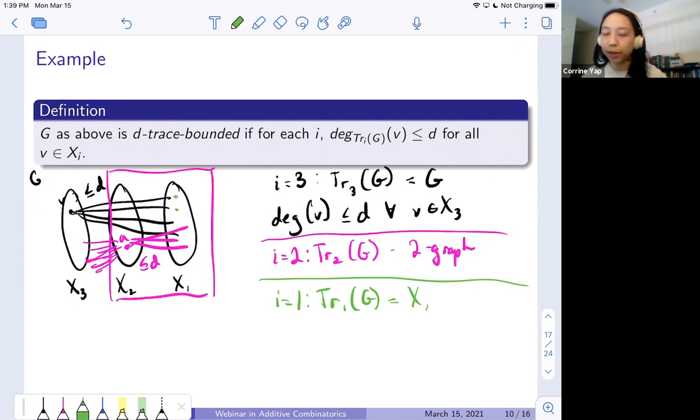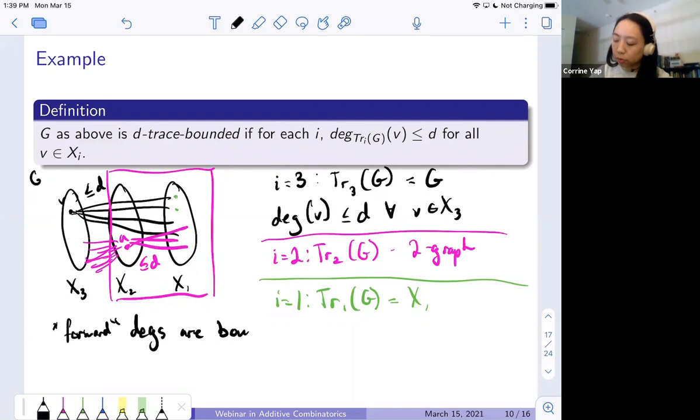So in particular, the degrees in my X1 could be unbounded in terms of D. So the reason that I drew it like this is I like to think that the forward or rightward degrees are bounded by D, in that direction, and then the backward degrees can be arbitrarily large in terms of D. Right. So are there any questions about the notion of D trace boundedness?